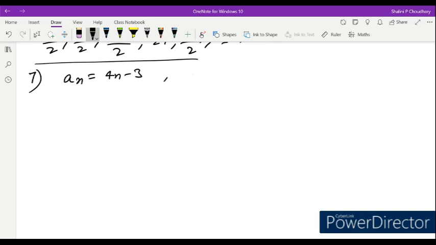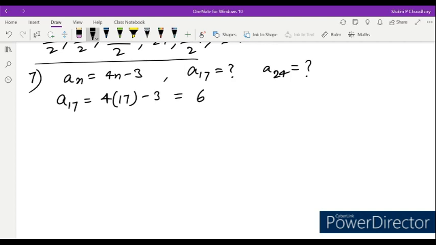So we have to find out A17 and A24. Okay, so A17 will be equal to 4 into 17 minus 3. 4 into 17 will be 68, minus 3 will be 65. And A24 will be equal to 4 into 24 minus 3.